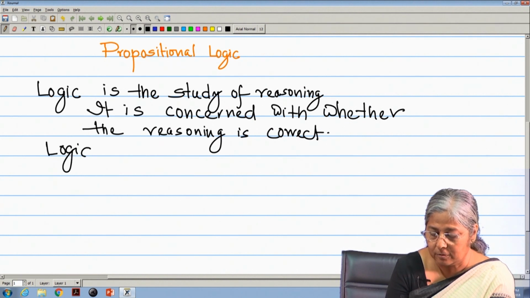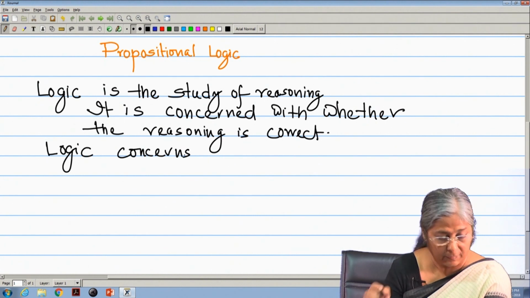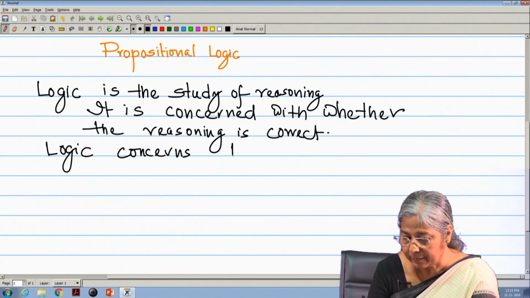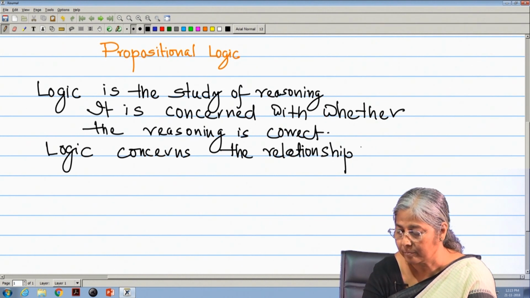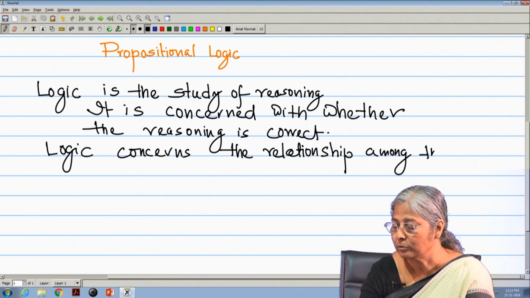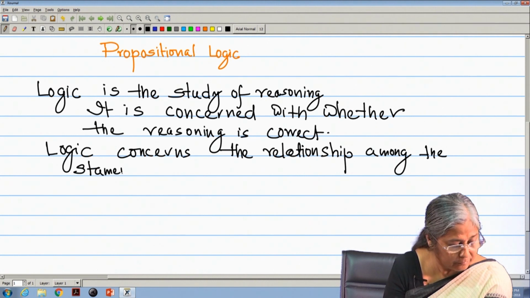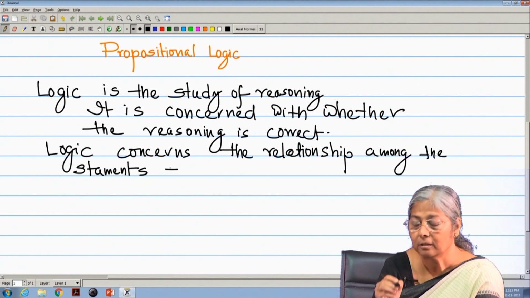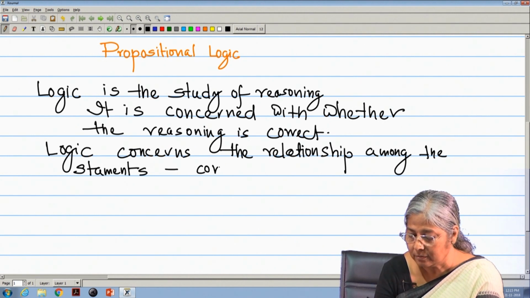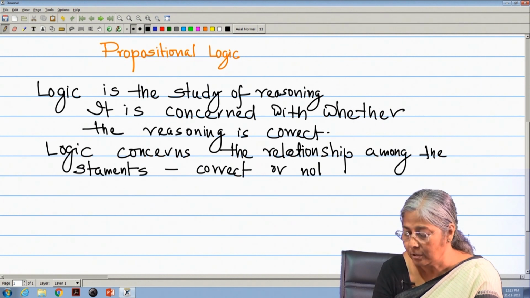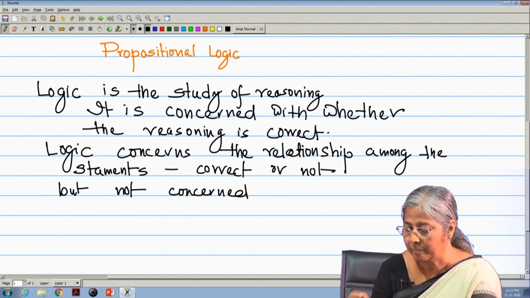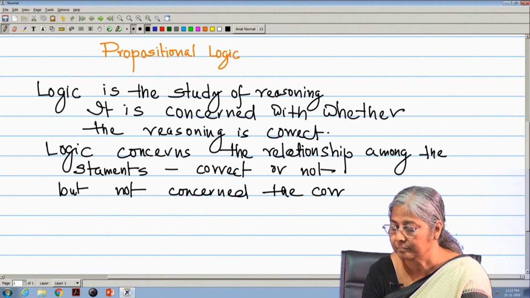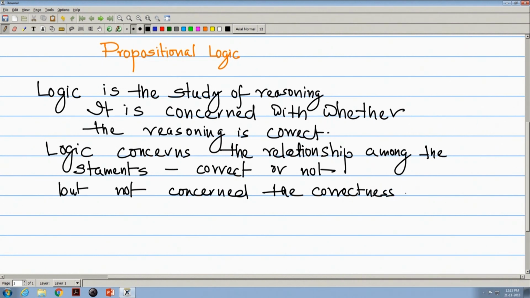Logic concerns the relationship among the statements, particularly whether it is correct or not, but is not concerned with the correctness of a particular statement.